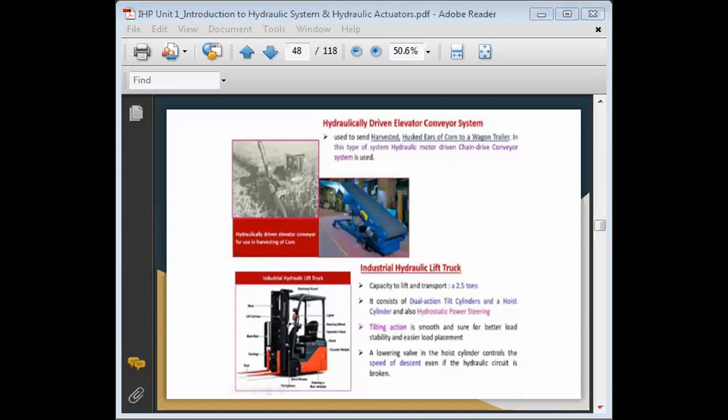Basically it is used to send harvested husked corn to the wagon. In this type of system, normally a hydraulic motor driven chain conveyor is used. And the sugarcane harvester is also an application of hydraulics.